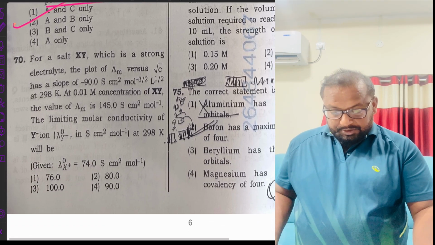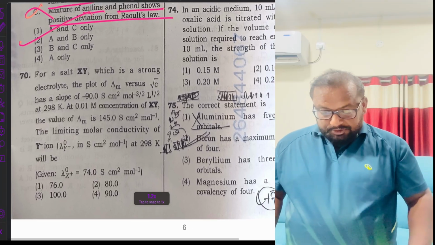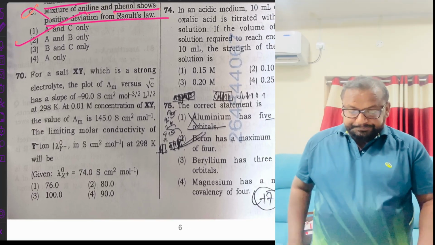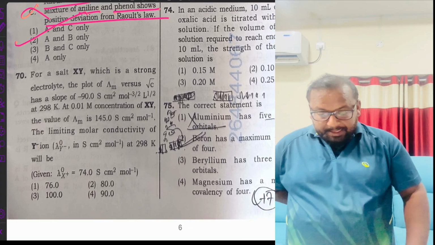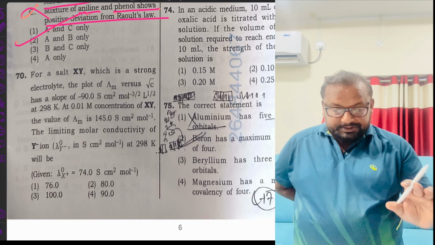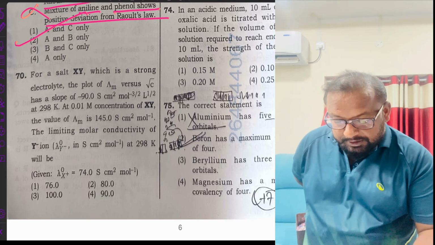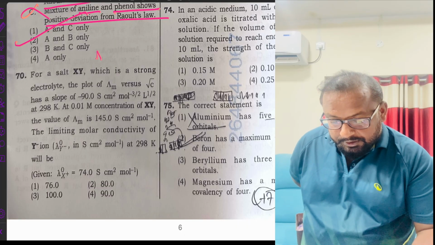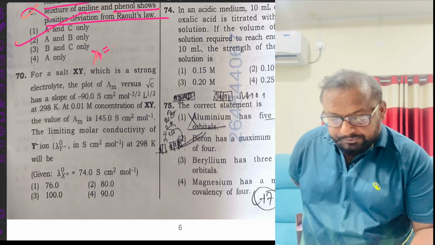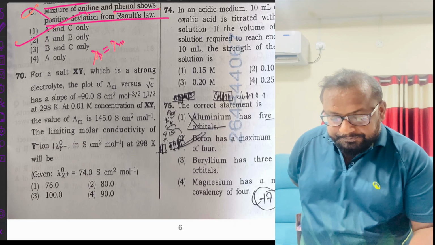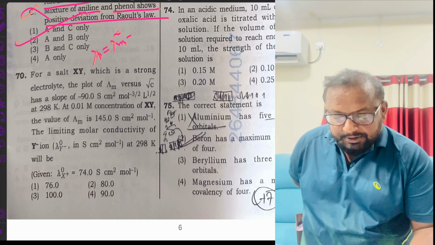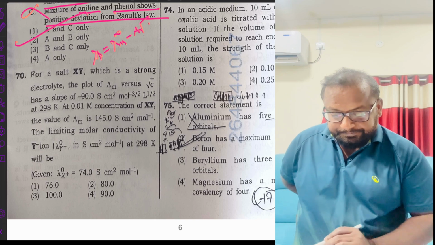Right. So next we will go to question number 70. These types of questions were asked in mains, but it's pretty easy. So what is the equation? Equation: lambda m equals lambda m infinite minus a into root c.